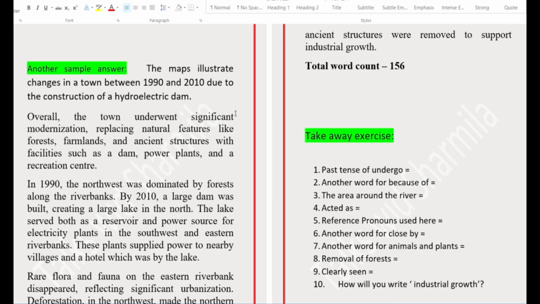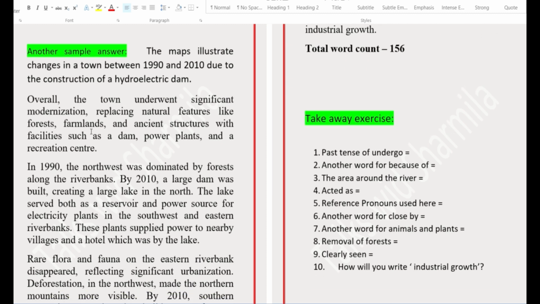Now, the second body paragraph, which is the overview paragraph. So it is: overall, the town underwent, just the verb in the past tense, significant modernization, replacing natural features like forest, farmlands and ancient structures.